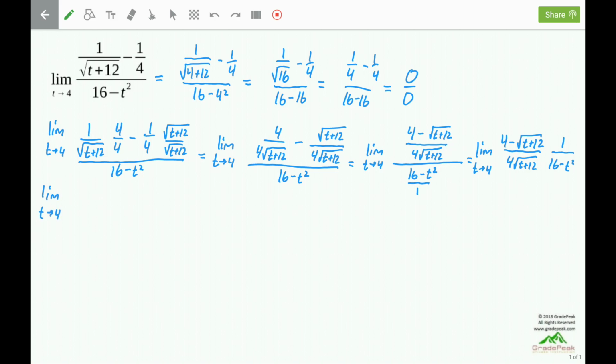So that gives us the limit as t goes to 4 of, in the numerator, 4 minus the square root of t plus 12 times 1, which is 4 minus the square root of t plus 12. In the denominator, we will have 4 times the square root of t plus 12 times the quantity of 16 minus t squared.